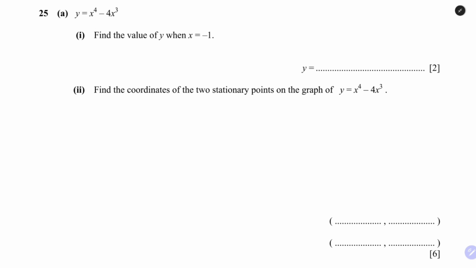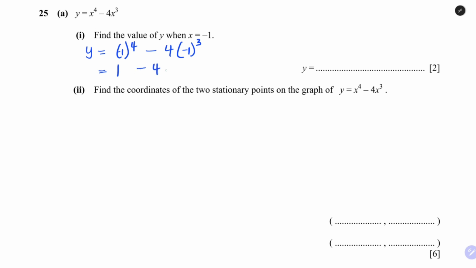25AI. All right. So here we've been told to find the value of y when x is -1. All you need to do here is to substitute x as -1. So y becomes y equals (-1) raised to power 4 minus 4 into bracket, -1 raised to power 3. -1 raised to power 4 is 1.